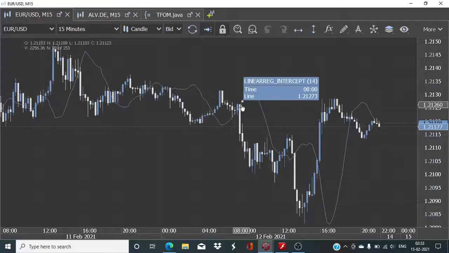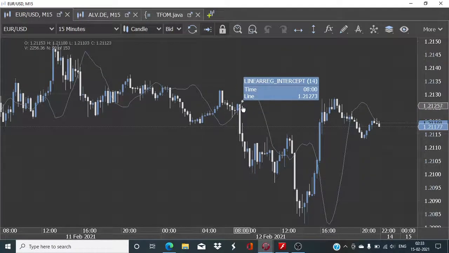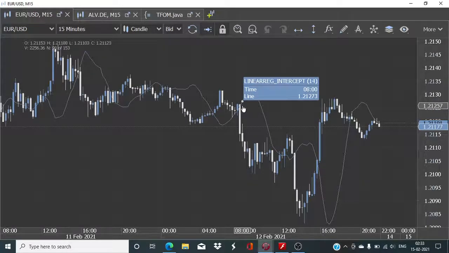So for the initiation of the trade, the last 15-minute candle should have closed with a difference between the opening price and the closing price of at least 5 pips, and the prior candles should have closed above this linear regression intercept. And as I had said for the buy side, there should also be a good enough difference between the linear regression intercept value and the closing price of this historical candle.